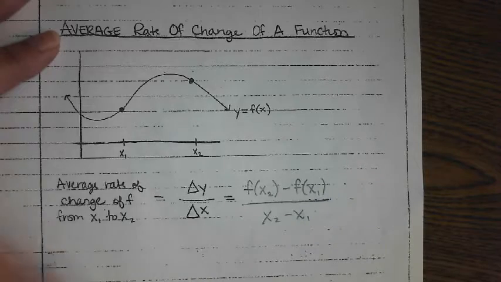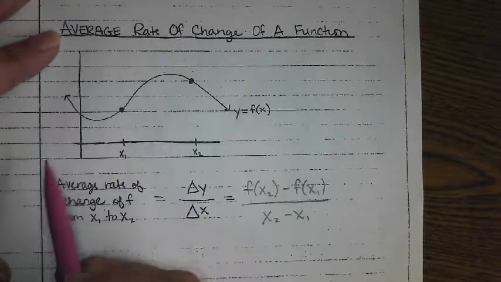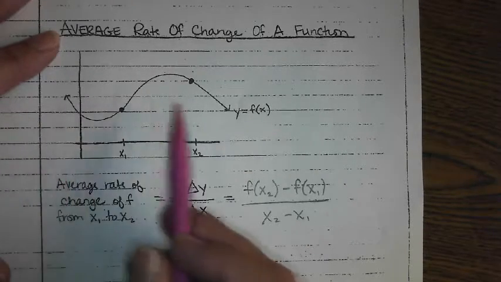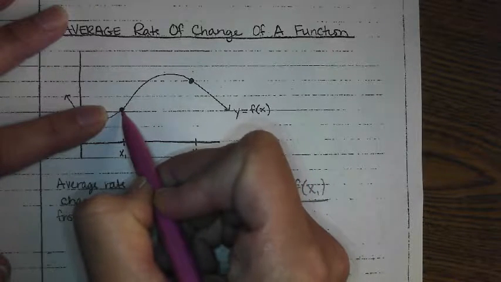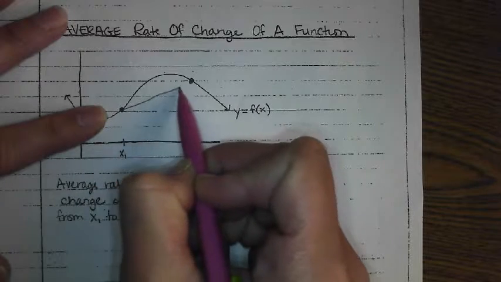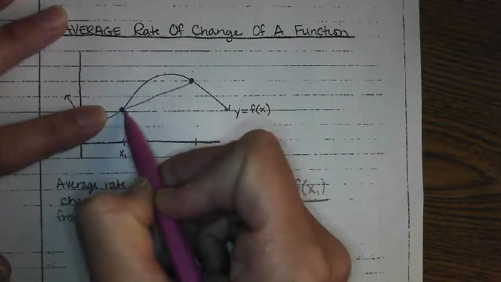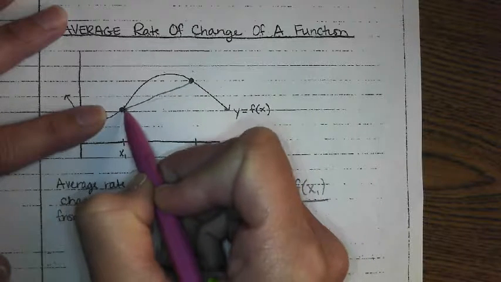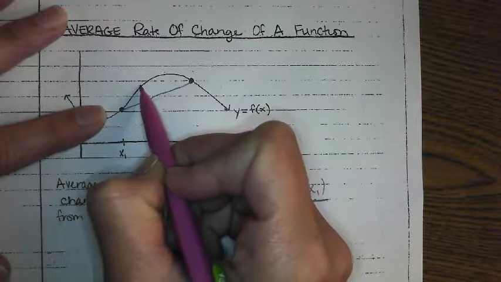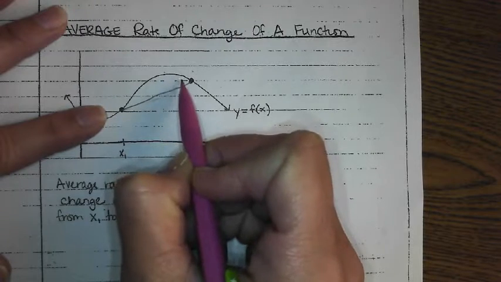Okay? And again, we're going to start talking more about how this relates to calculus, because the average rate of change, so on average from point x1 to point x2, it's changing with a certain slope on average. Sometimes the slope is much higher than that average. Sometimes the slope is lower than that average.